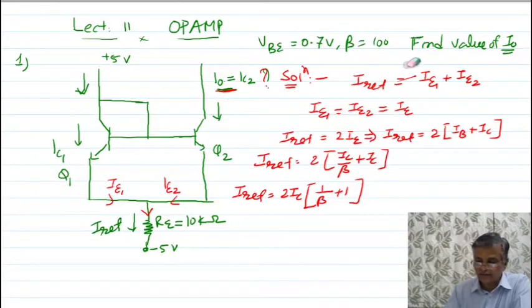Then, due to identical transistors, I am taking IE1 is equal to IE2 is equal to IE. So this is 2IE. What is emitter current? Base current plus collector current. What is base current? Collector current upon beta. So collector current you have taken common, 1 by beta plus 1.